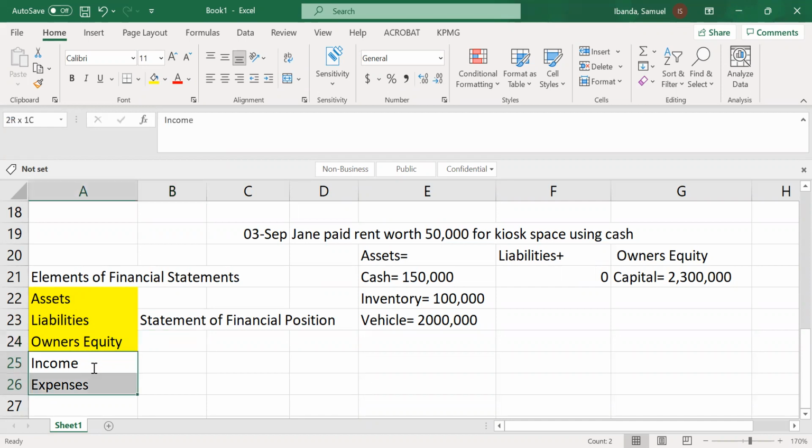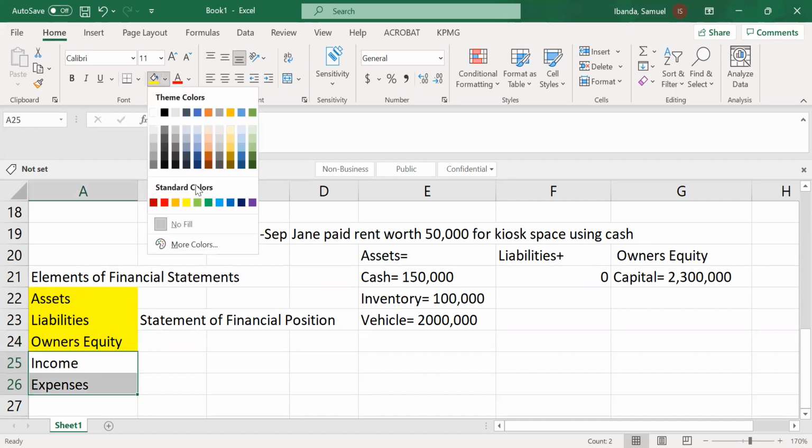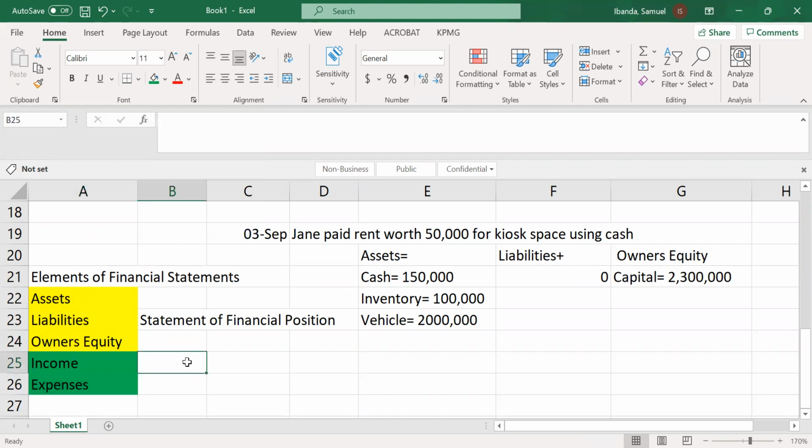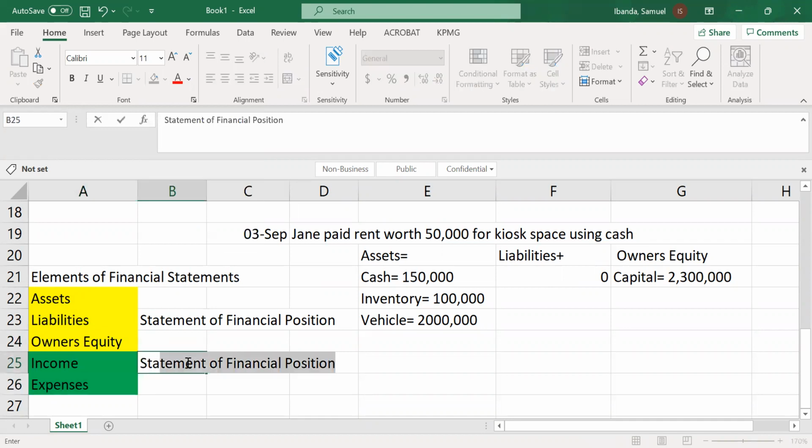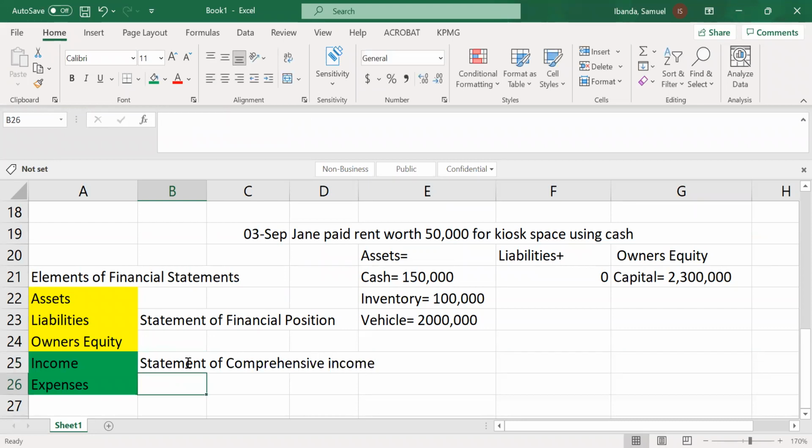The income and expenses go to the statement of comprehensive income, which sometimes we call the profit and loss account or the income statement.